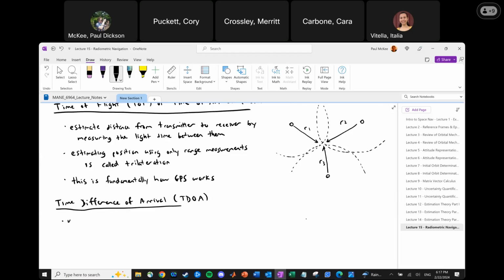So we use the difference between time of arrival of signals from different stations, and those could be in space or on the ground, to estimate position. This is sometimes referred to as hyperbolic positioning.